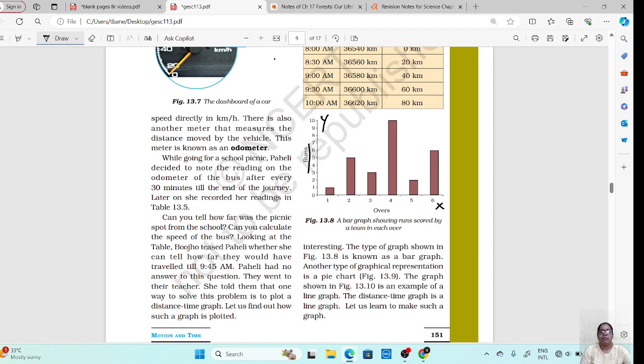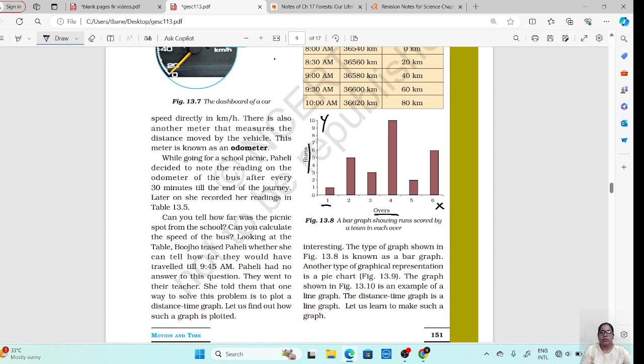Bar graph is basically used to represent the data of the players. Here we can see that the first bar represents the first over, as we know that the x-axis represents the number of overs.